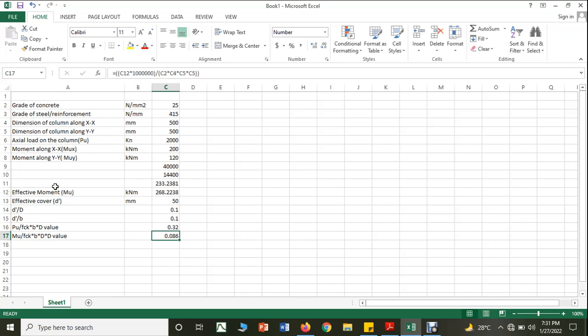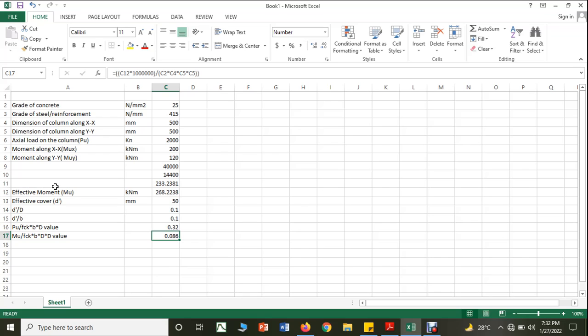If the column is going to bend along the shorter direction, then you take d dash by the shorter dimension of the column; if it is bending along the longer direction, d dash by the longer dimension. When I take one Mu and one Pu, it is nothing but a uniaxially loaded column, and you have to design it as such.